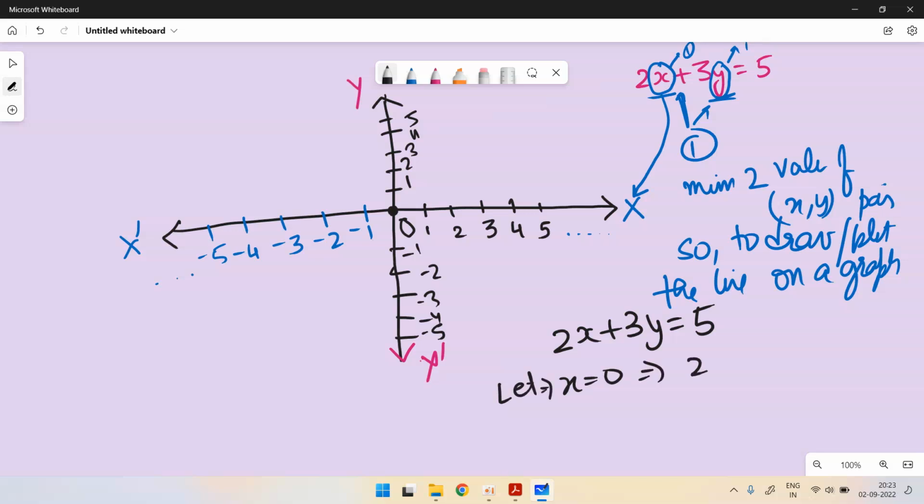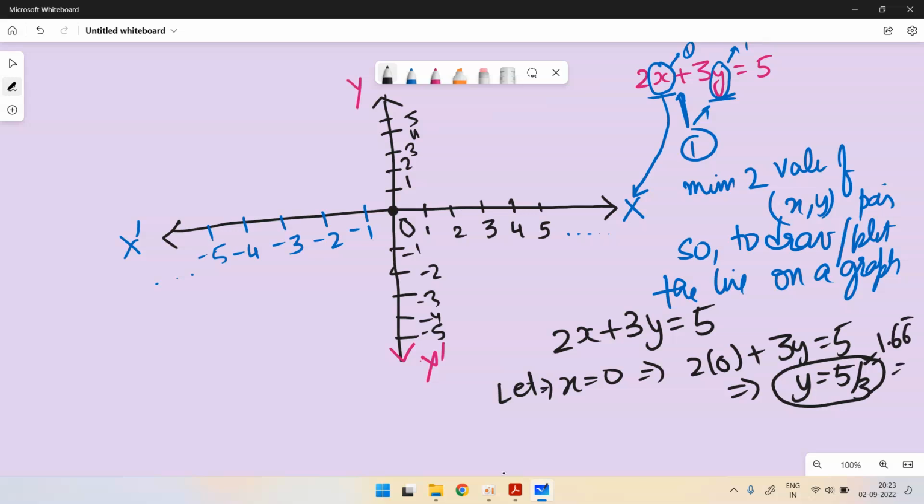If you substitute the value of x as y, it is this, which implies y equal to 5 by 3, which is nothing but 1.66, or you can even write 1.67. So here one pair is 0.